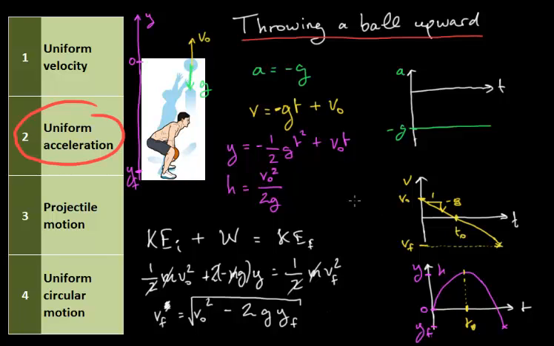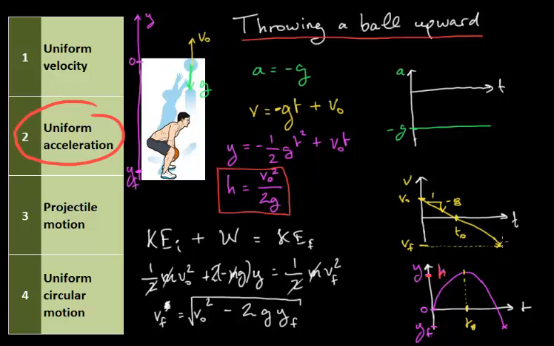To conclude on this ball throwing problem, what did I manage to do since the beginning? I managed to obtain the at, vt, and yt graphs with their equations here. Then I managed to obtain some characteristics of the trajectory, which is the maximum achieved height, this h, in terms of v0 and g.